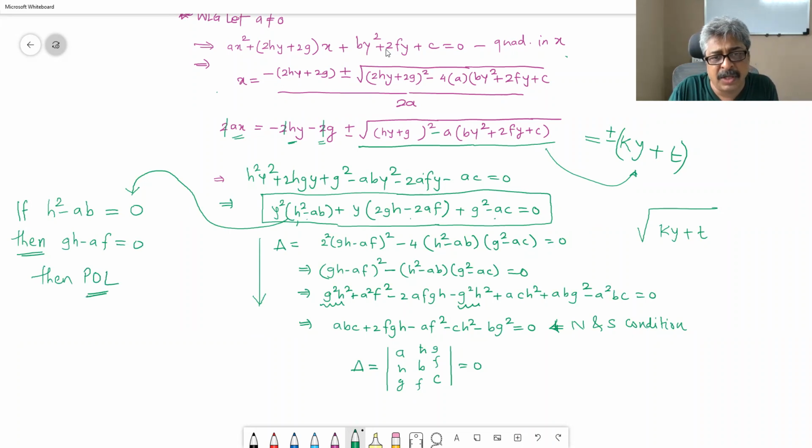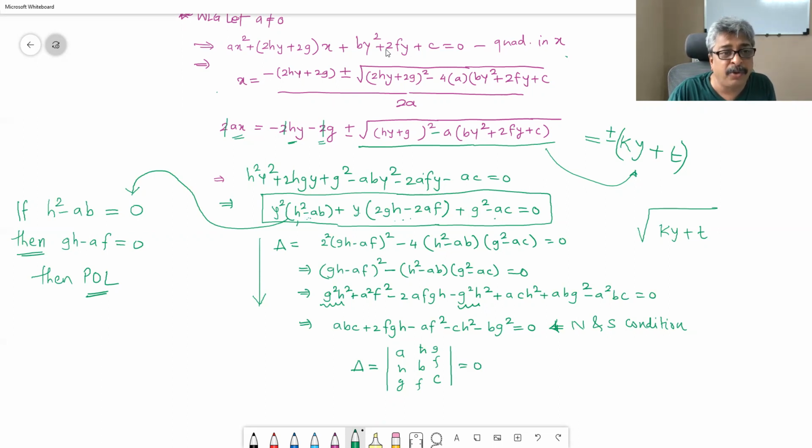Correct? Because you are just removing Y from the radical by making both the coefficients 0, and hence whatever this G square minus AC number remains, we can always take the square root of that. It is going to continue as a real number and it will add up to this minus G, plus and minus, and therefore you will end up getting a pair of lines.